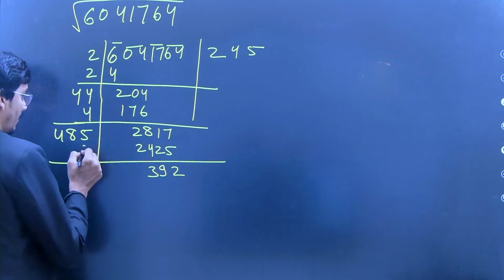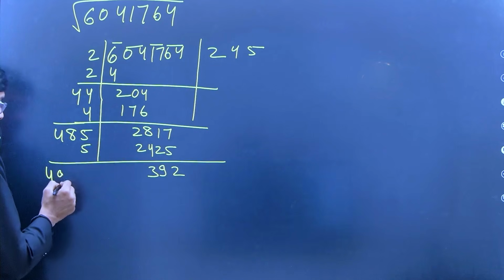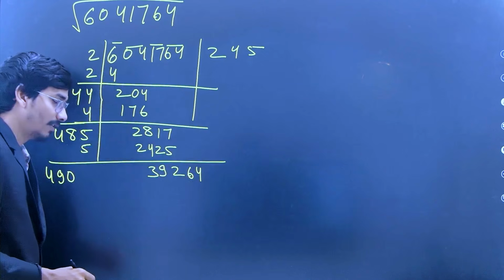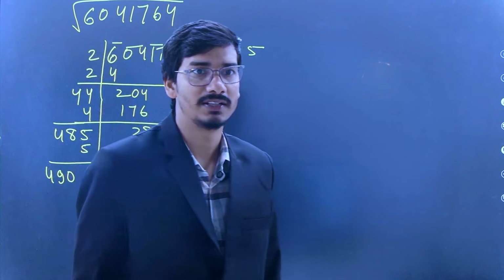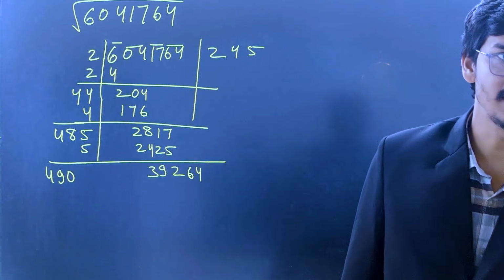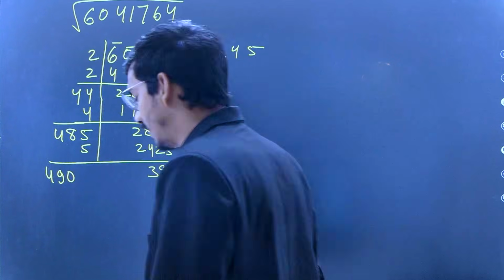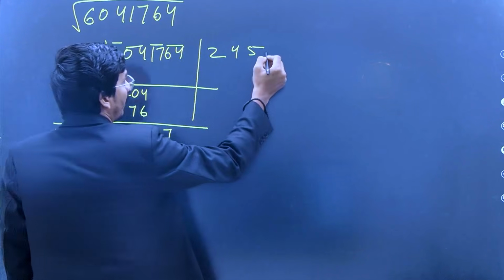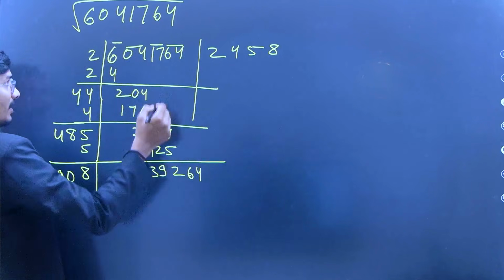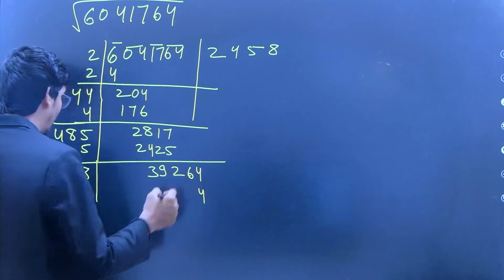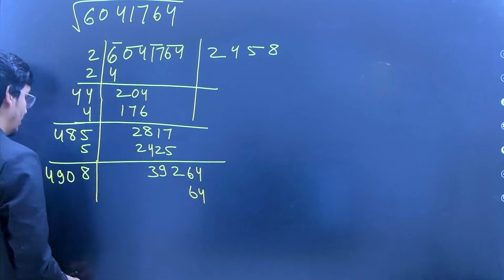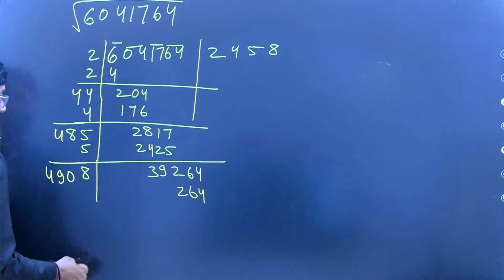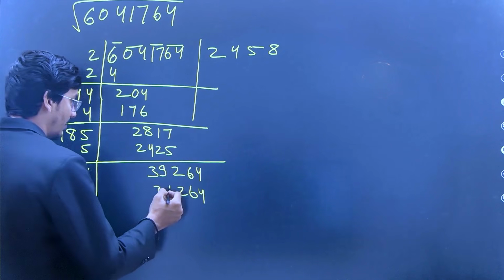Now add this 5 here, so we'll get 490, and put this number 64. Now which number, beta? 8, yes. Everyone is replying, very good, beta. We'll multiply 8 by 8. 8 into 8 is 64, carry 6. 8 nines are 72, carry 7. 8 fours are 32 plus 7 is 39.